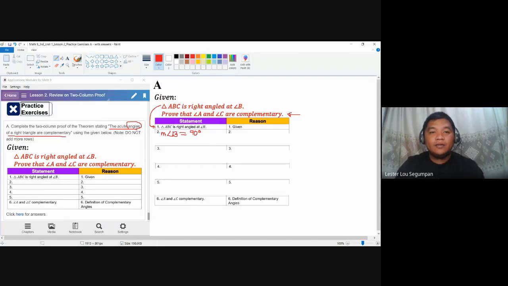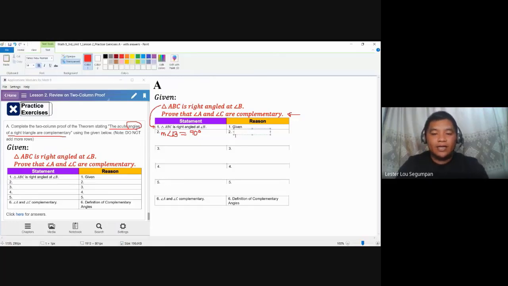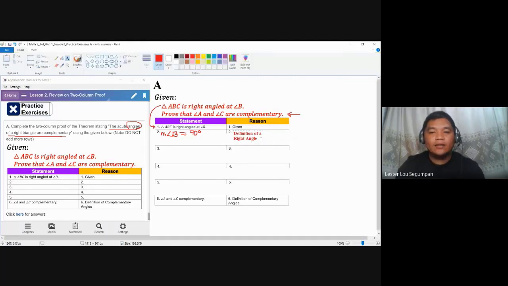The reason behind that is given as it's a right angle. So we can simply state that its reason is based on the definition of a right angle. By stating this, we support that we could assume that angle B is 90 degrees, and this is in connection to the previous given.